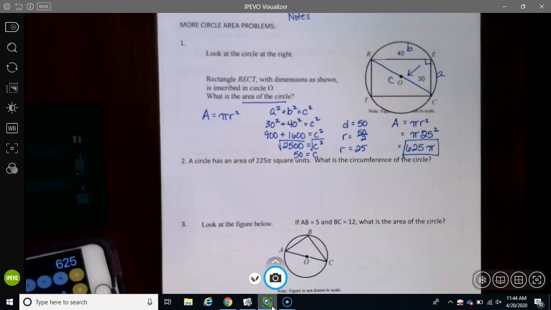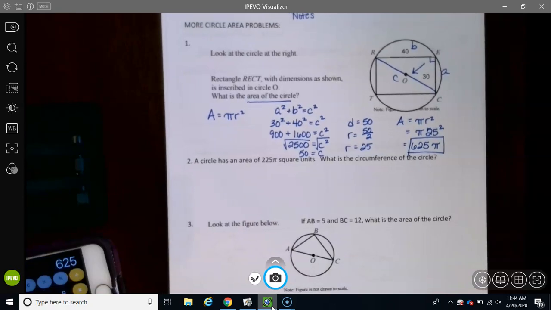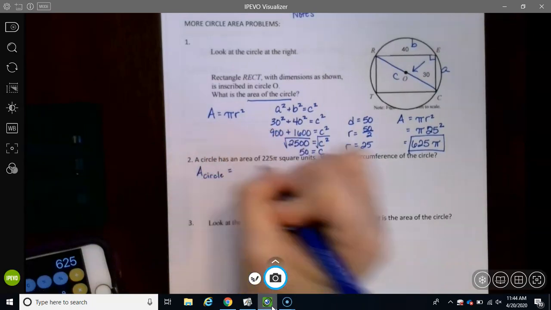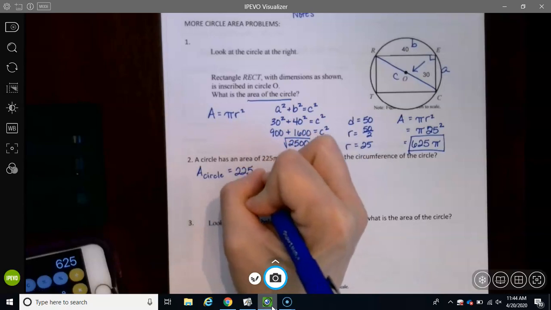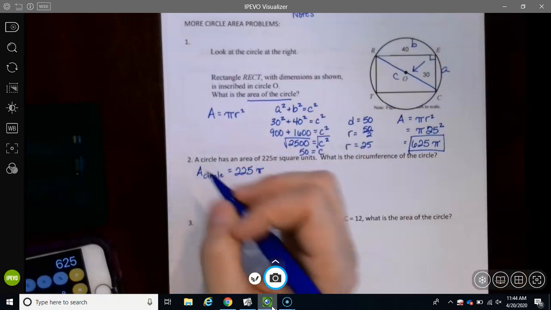Let's do one more. We'll just do the second one. A circle has an area of 225 pi square units. So area of a circle is what they just gave me, 225 pi. What is the circumference of the circle?